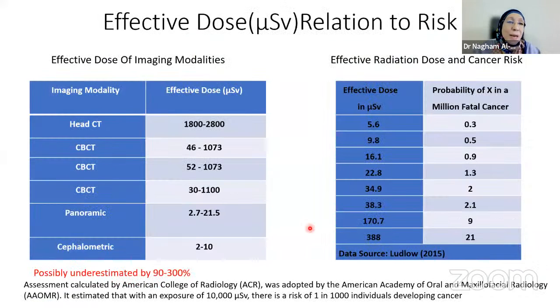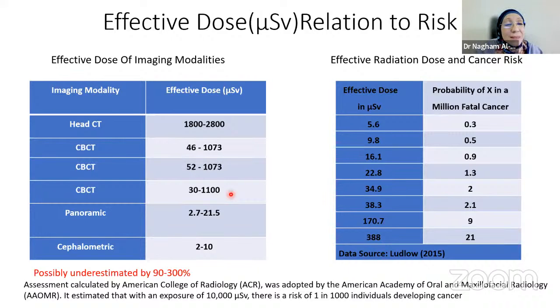I want to bring your attention to those two tables. They will help us appreciate the dose-related risk. So you can see the range of microsievert and effective dose for CBCT in comparison with the head CT. It could go up to 1,100 microsievert.